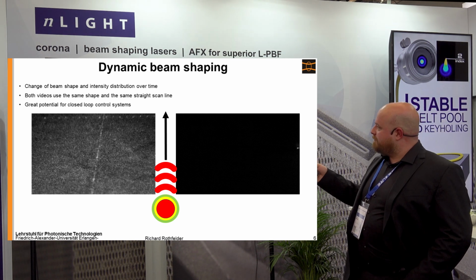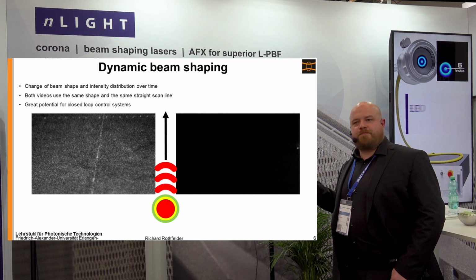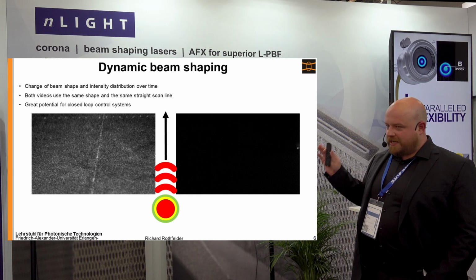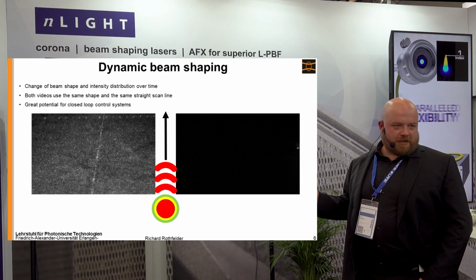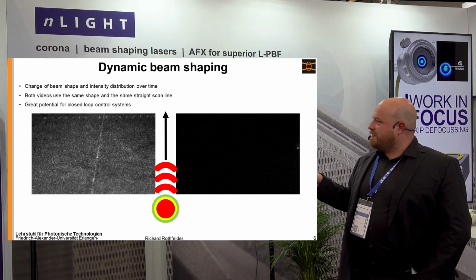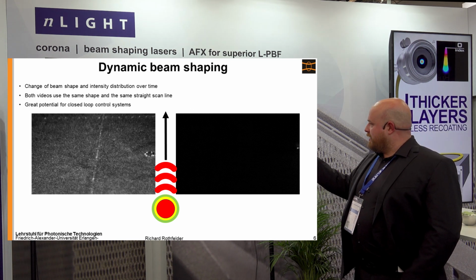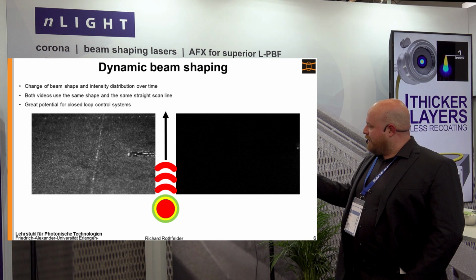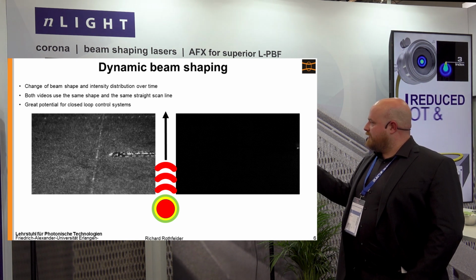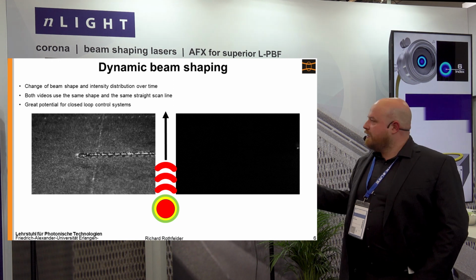directed as you see here. And both lines I will now show you have the same profile and the same parameters, 1 meter per second, 1 kilowatt. And the only thing that changes is the intensity distribution over time. And you will see what happens when we just have a very high frequency, which is then again the same situation like we could talk in the AFX system.